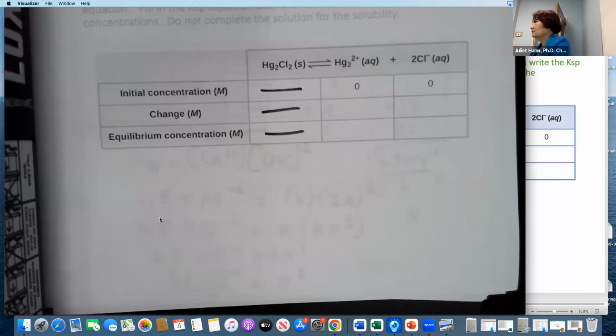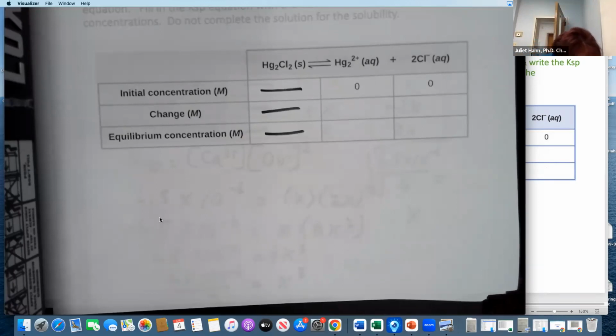Are you guys all working on it? I actually did give you a solubility problem, sort of like this one, on the quiz.